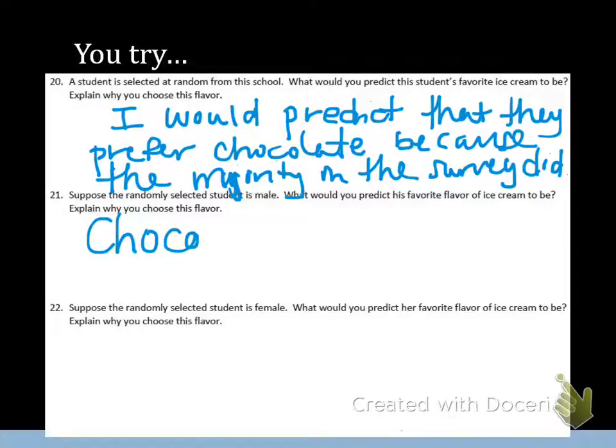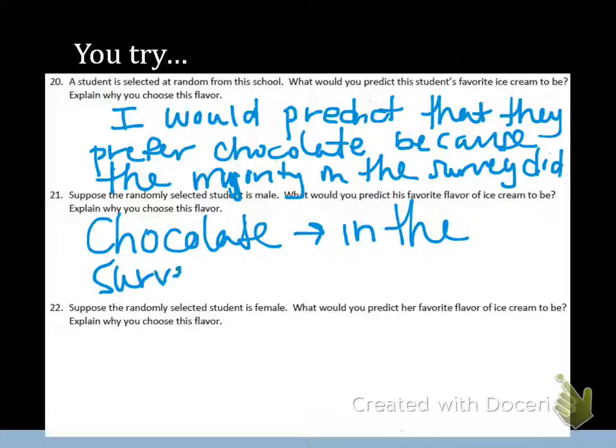So I'm going to put chocolate here. And I said that because in the survey, that is what it showed.